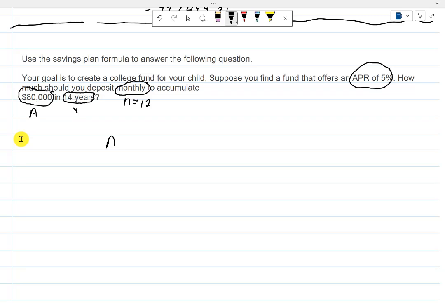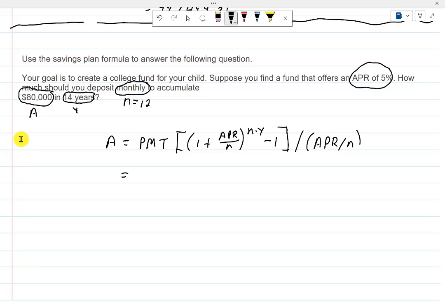Let me go ahead and put the numbers in. Well, let me put the formula in first. And now I'll get my numbers in. So we still don't know what the PMT is going to be. I'll put a dot after it to remind myself I'm multiplying.